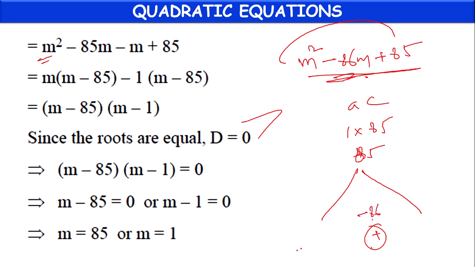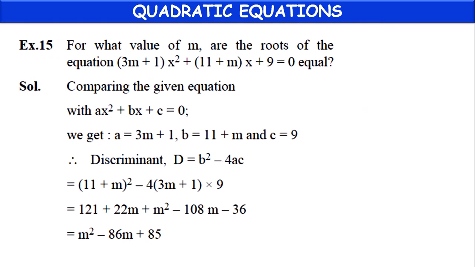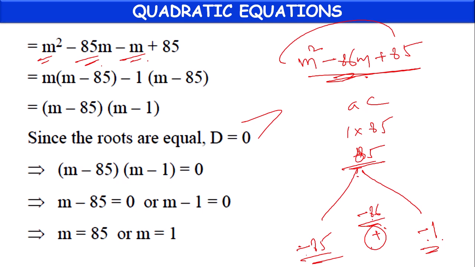So we can take minus 85 and minus 1, so that their product is equal to 85 and their sum is equal to minus 86. So the middle term can be split into minus 85m minus m, as per the factorization method.